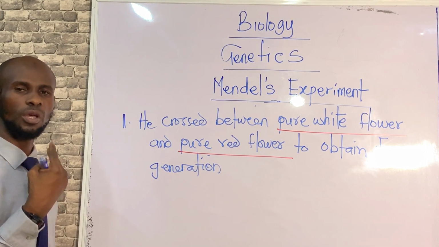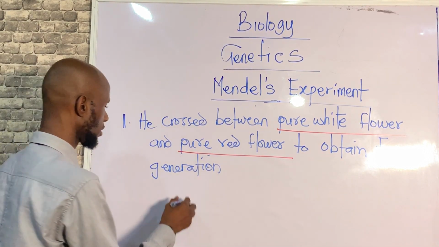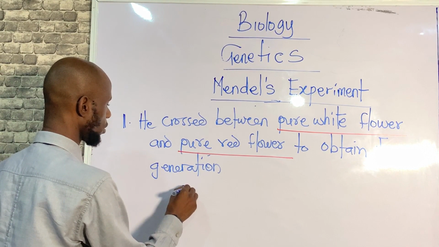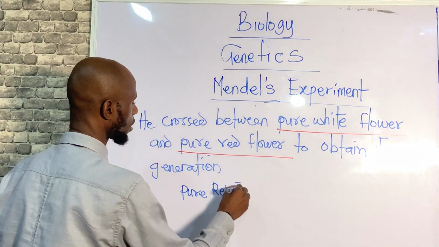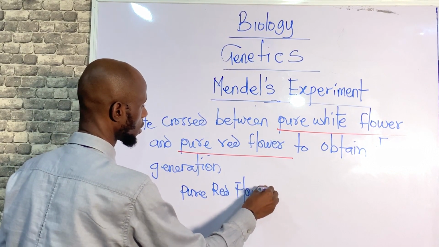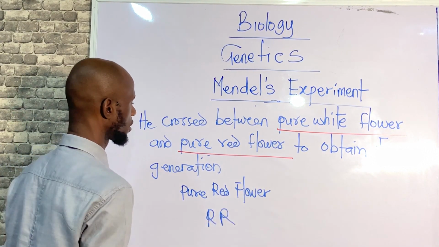So when you double the capital letter R, you obtain the pure red flower.